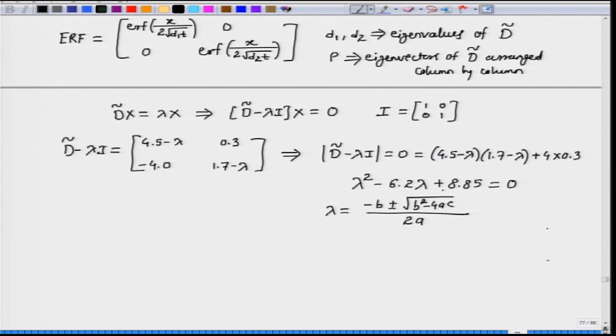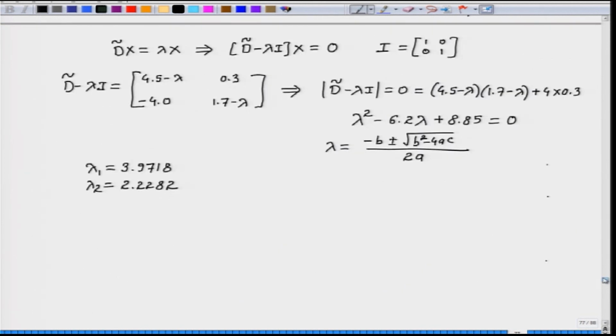If we substitute, we will get 2 roots, lambda 1 equal to 3.9718 and lambda 2 equal to 2.2282. So, these are the 2 eigenvalues. In our terminology, these are d1 and d2. So, lambda 1 is d1, lambda 2 is d2.